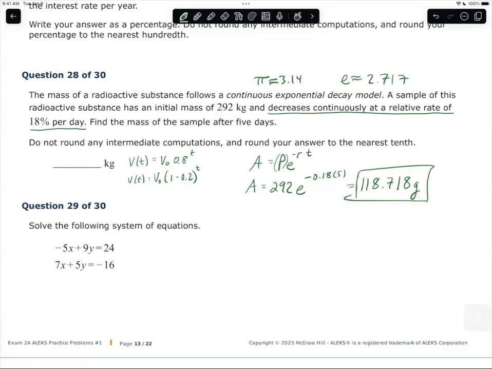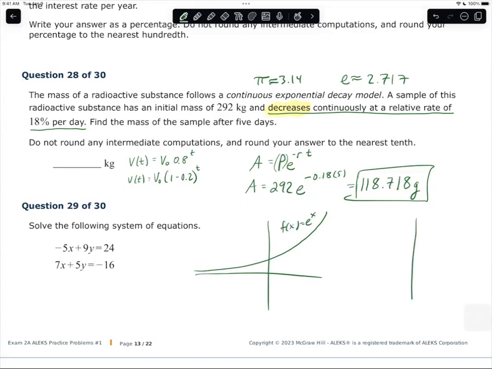Did that make sense there? Add a negative, because it told us that it was decreasing continuously, so we put a negative in front of the rate. Remember that the basic exponential function we looked at was f of x equals e to the x.